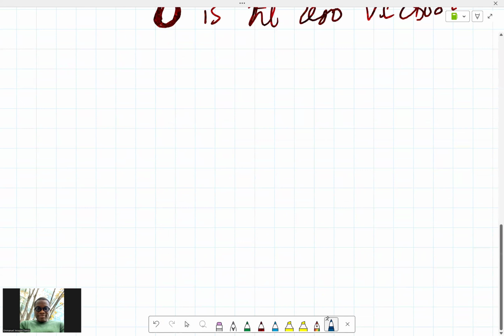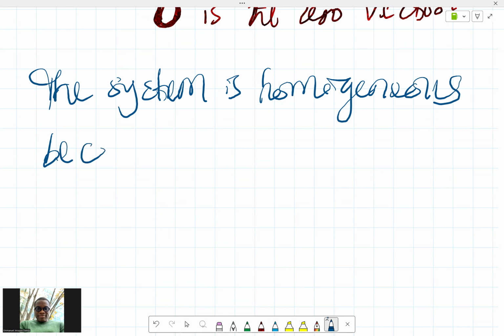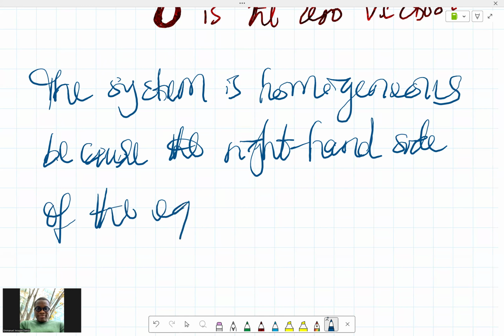Now, with that said, the system is homogeneous because the right hand side of the equation is 0.